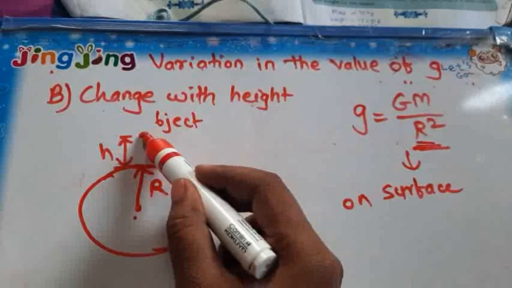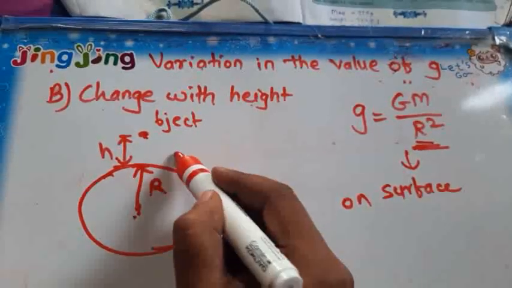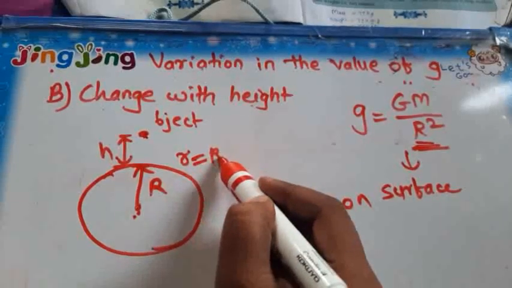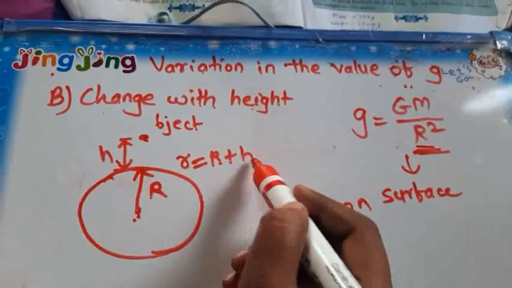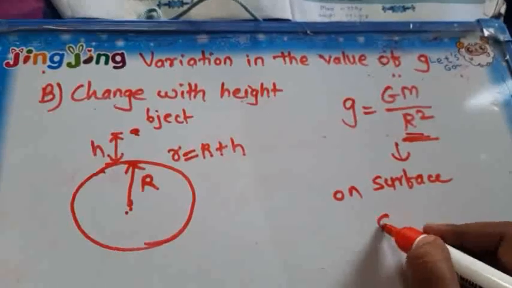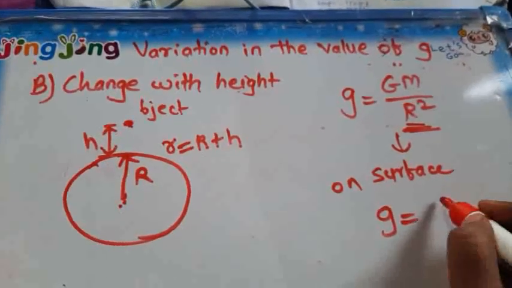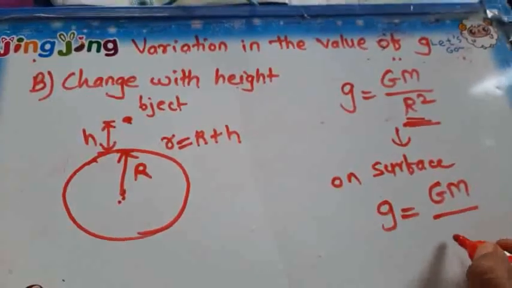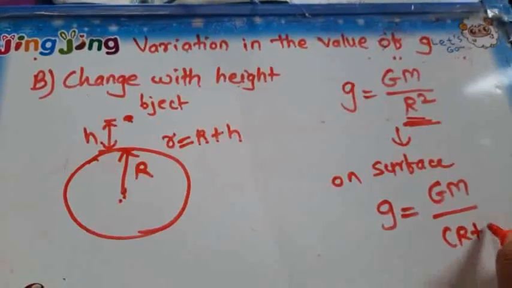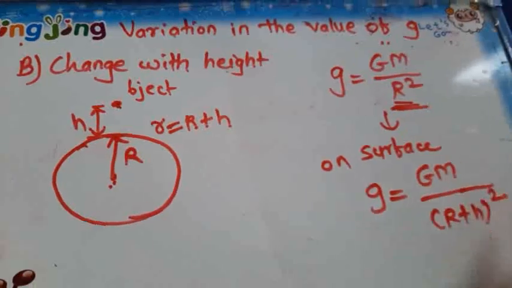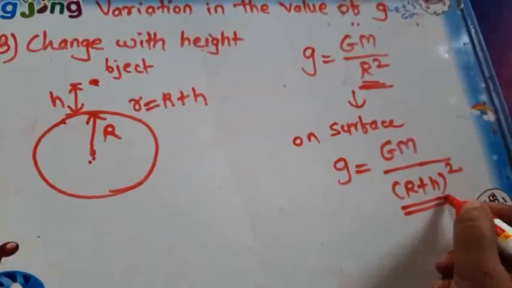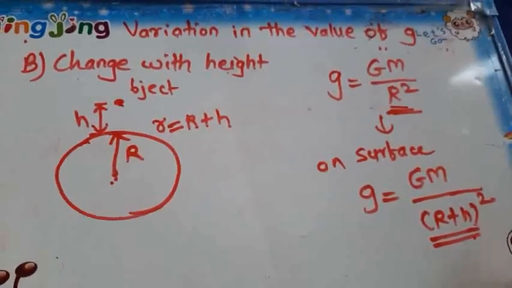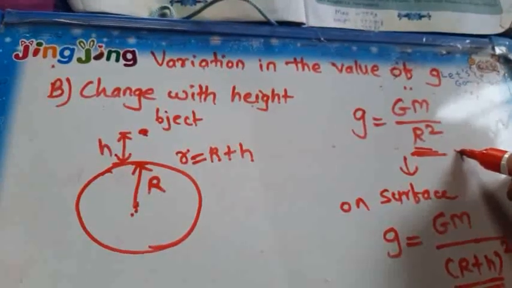So this total distance from object to center will be given as small r is equal to capital R plus h. So this formula gets modified like this: small g is equal to GM upon (R plus h) square, where this is the object which is lying above the surface of earth, and the earlier one is when it is on the surface.